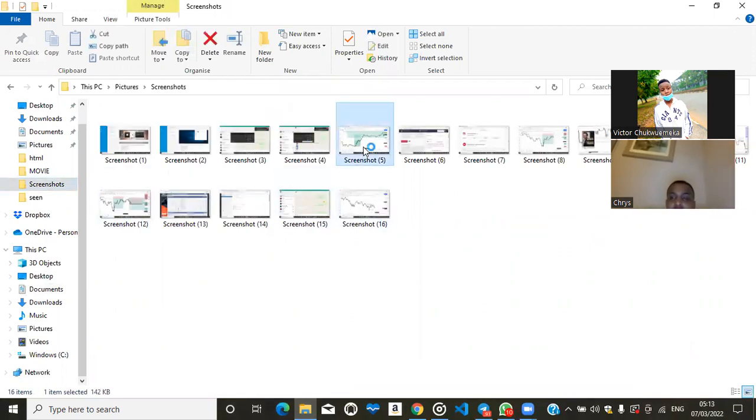Bro, zoom over. Can you see it? Wait, it's loading, bro. See this setup, bro? Setups like this are so powerful. I took this buy, and I don't know why it's taking time to load, bro.